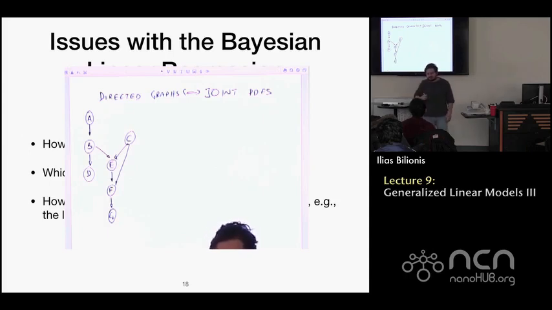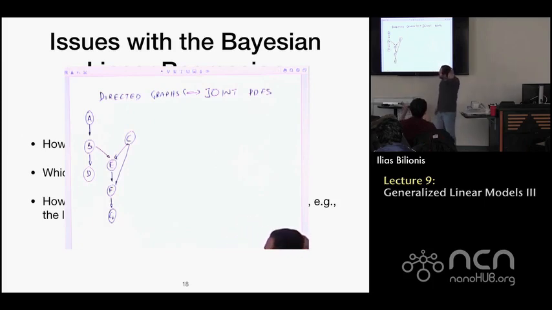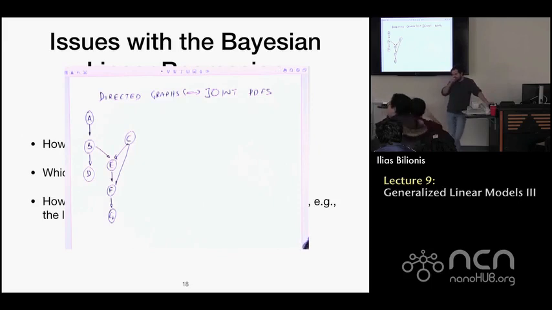Yes? How can we deal with a two-way relation, like a chemical reaction where a composite AB becomes A plus B? It doesn't work. Okay, so you need to use time to introduce more random variables.